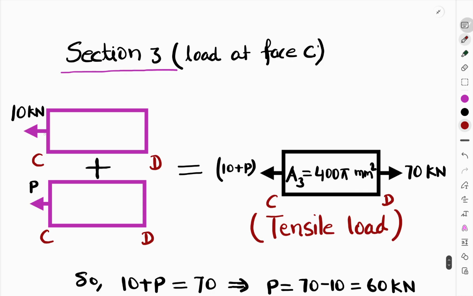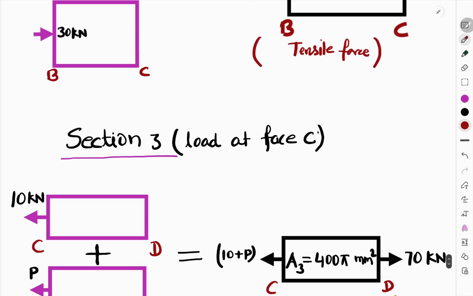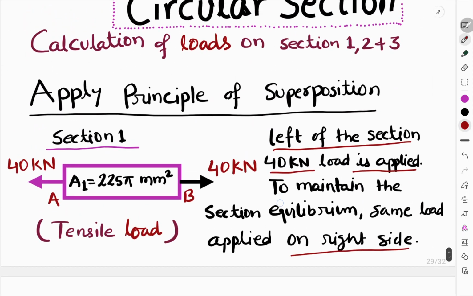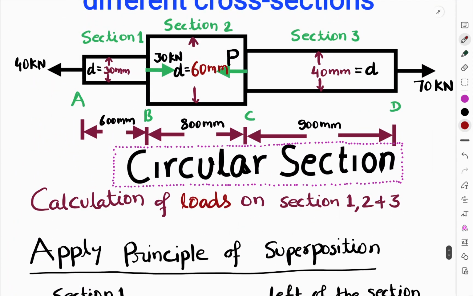Here 10 kilonewton force is applied at phase C, because for phase C section 2 and section 3 is common. So while we were dealing with section 2, at phase C there was 10 kilonewton of tangential force or load applying, and one more force, that is P, is applying at C. So here you can see in the figure that load P is applying.